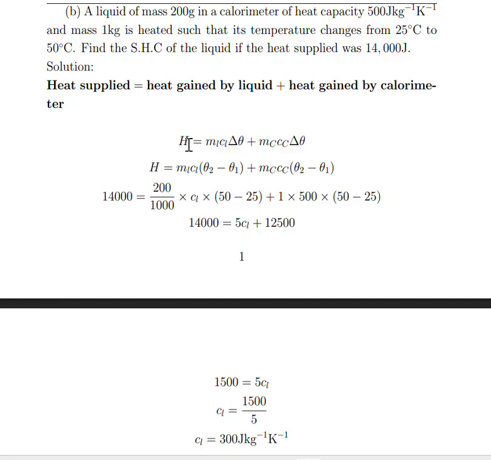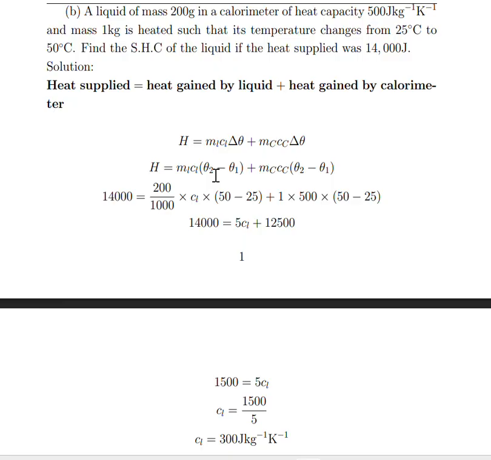The heat supplied, which we can denote by H, is equal to the mass of the liquid times its specific heat capacity times the temperature difference, plus the mass of the calorimeter times the specific heat capacity of the calorimeter, denoted by C subscript C, times its temperature difference.